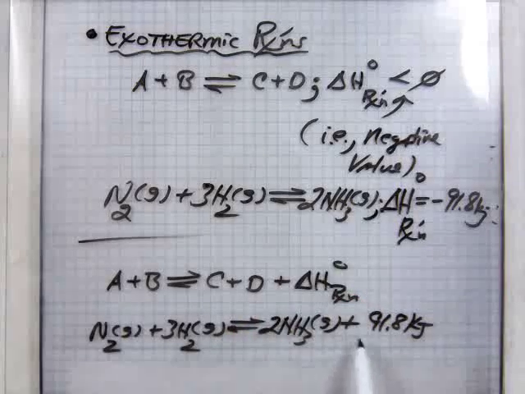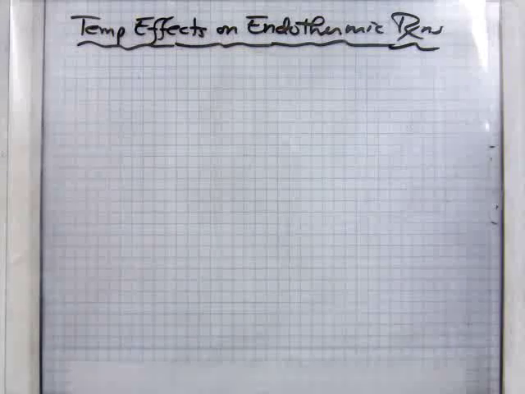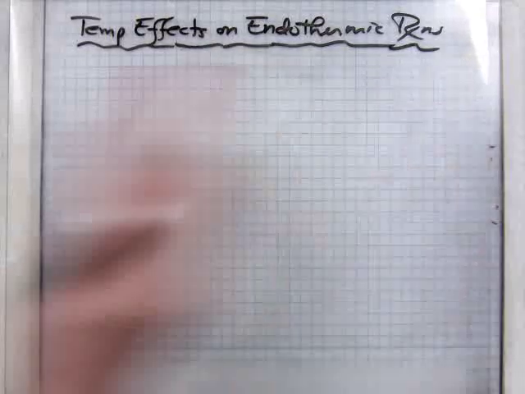Okay, so it's very important that you understand especially the second notation format where the energy value is incorporated into the equation. You want to think of this as endothermic reaction temperature effects.